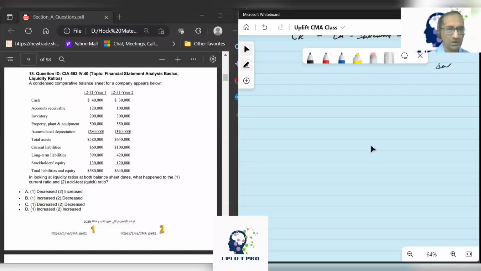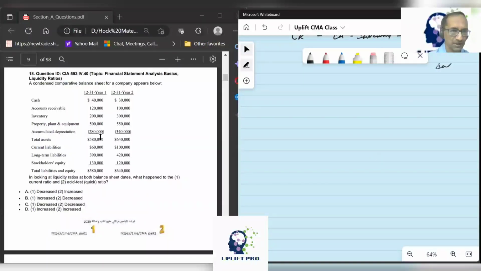So 40,000, 30,000 cash, accounts receivable 120, 100, inventory 200, 300, property, plant and equipment 500, 550, accumulated depreciation 280, 340, total assets 580,000, 640,000, and then you have current liabilities 60,000, 100,000, long-term liabilities 390,000, 420,000, stockholders equity 130,000, 120,000, total liabilities and equity 580,000, 640,000.